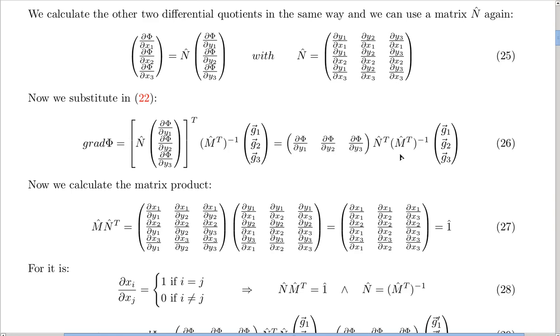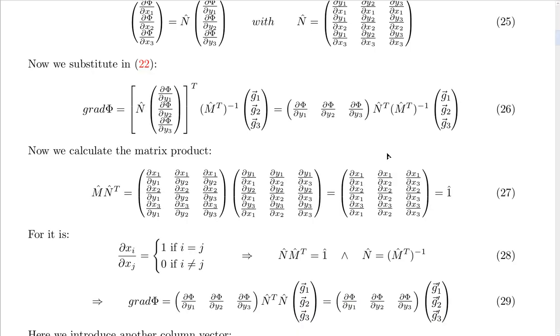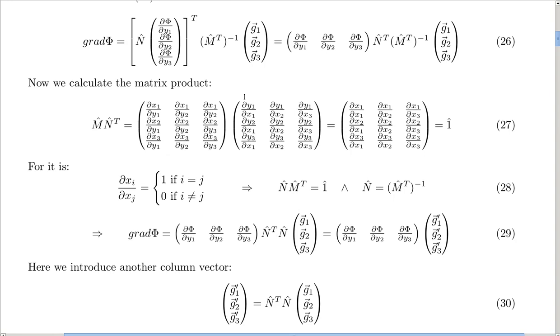Okay. And now here we have a product of four factors, two matrices, a column vector, a row vector, and the multiplication of matrices is associative but not commutative. So in which order we execute the multiplications makes no difference, but we may not change the order.